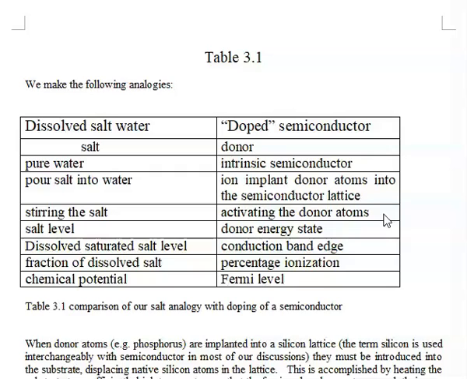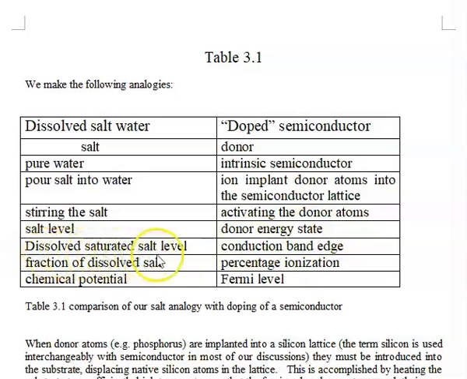And so the phosphorus atoms, which were kind of randomly positioned in the silicon, now work their way in and displace some silicon atoms, and when they do that, they're much more able to donate their electrons. The salt level has an analogy in donor electrons, donor energy states, and we'll see that on the energy band diagram for silicon in just a little bit.